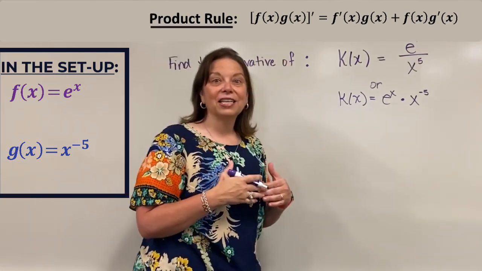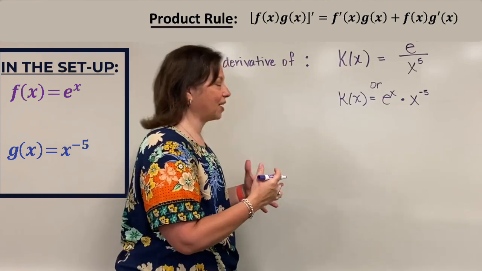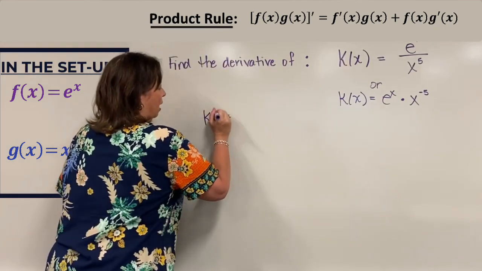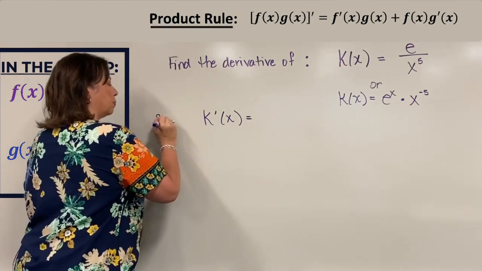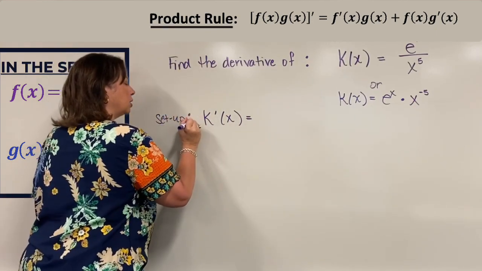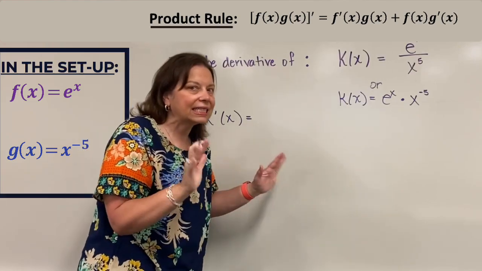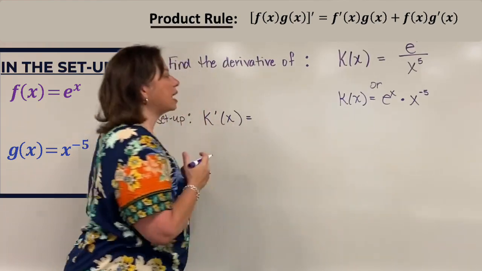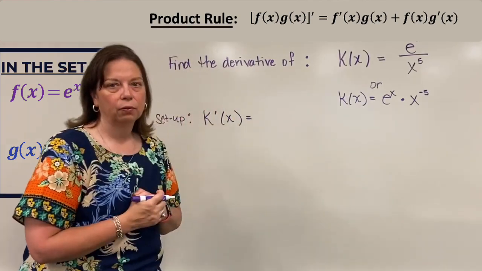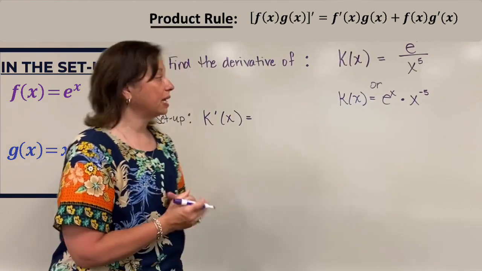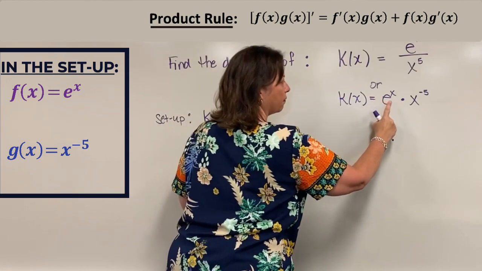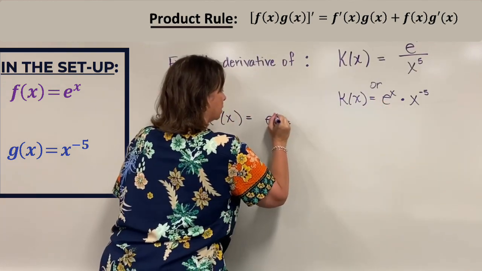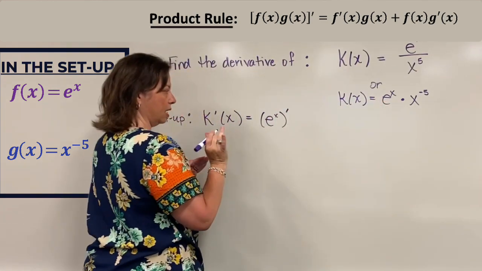So let's get busy on finding the derivative of k of x. So we have k prime of x is equal to, now I still want to label this as my setup. I'm not actually going to find the derivative of the pieces. I love doing my setup, and then I will report what the actual final derivative is. So per the product rule, we need to take the derivative of the first function, so e to the x. We're going to find its derivative in a moment.